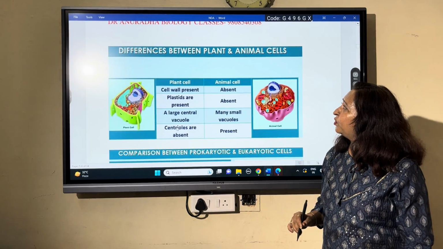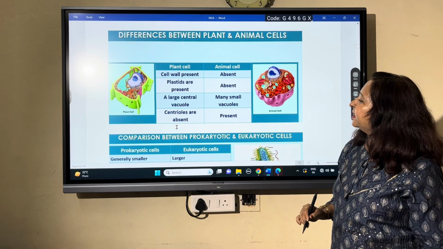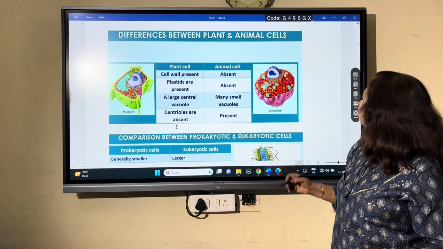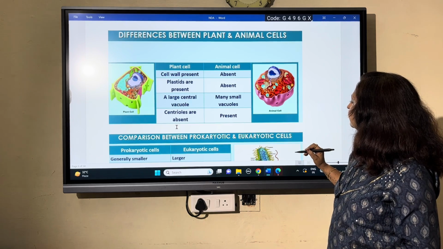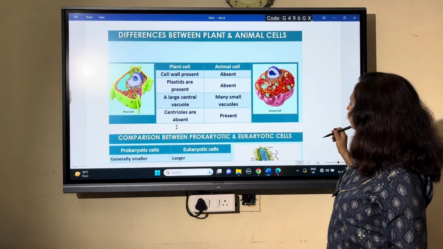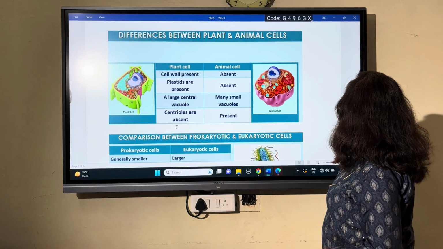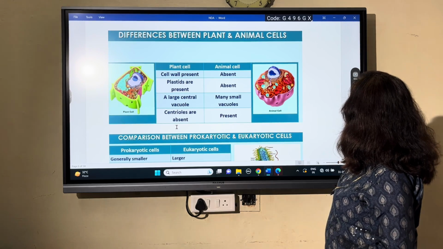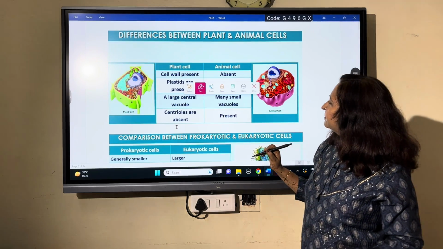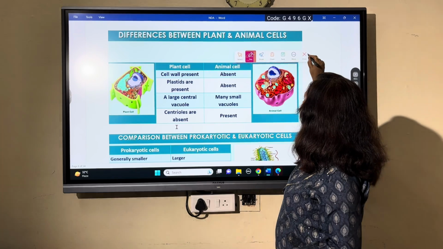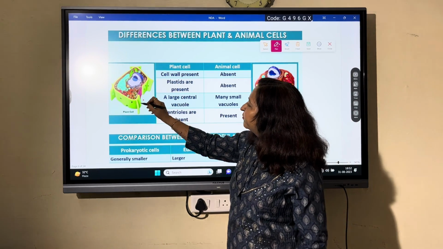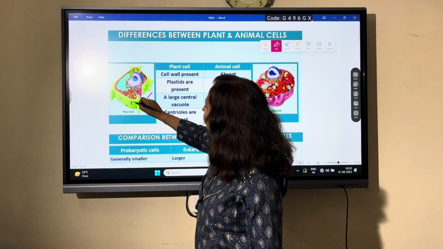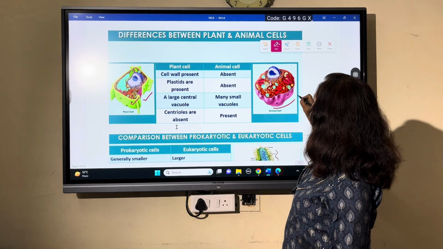Now we should know some differences between the plant cell and the animal cell. This is the diagram of the plant cell, and this is the animal cell.